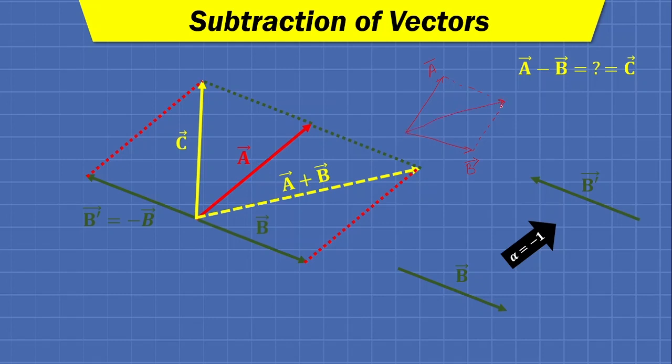So its first diagonal will give you the result a bar plus b bar, and its second diagonal will give you the result a bar minus b bar. So this is the reason why the parallelogram method is very popular in vector algebra. So that's it for today. Thank you very much.